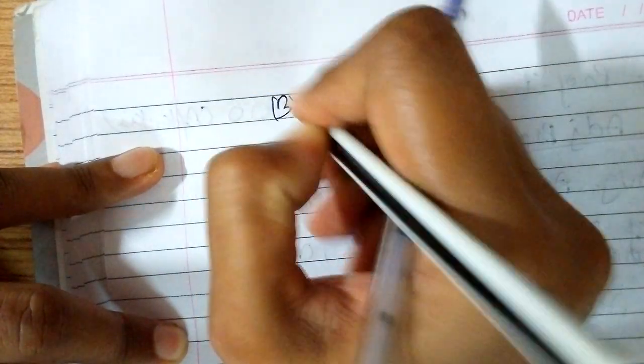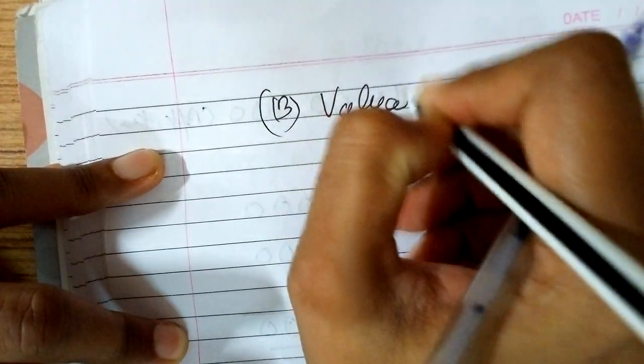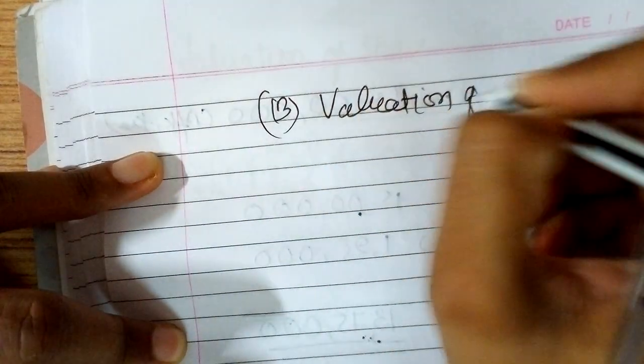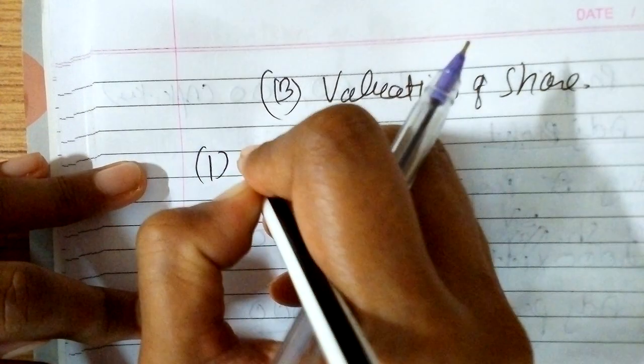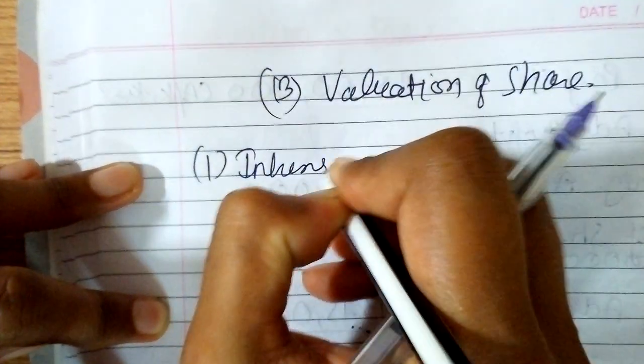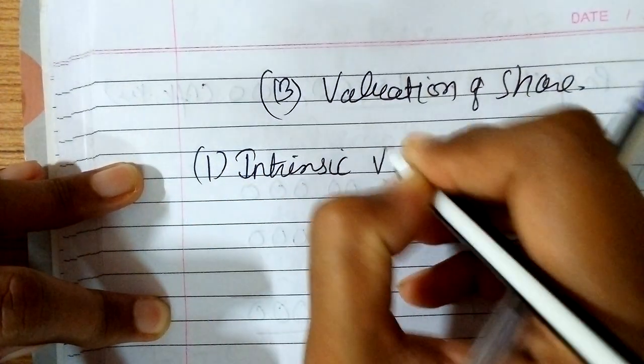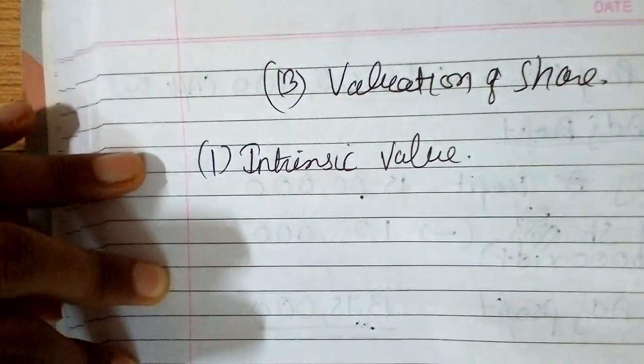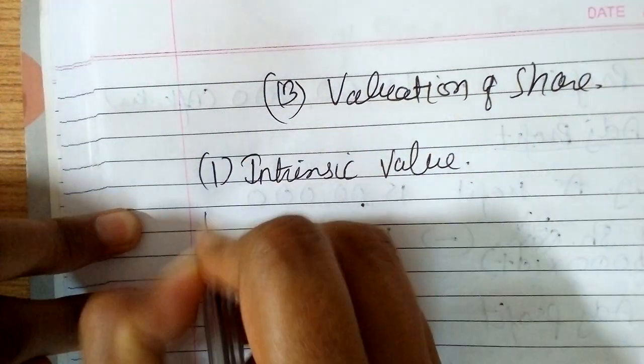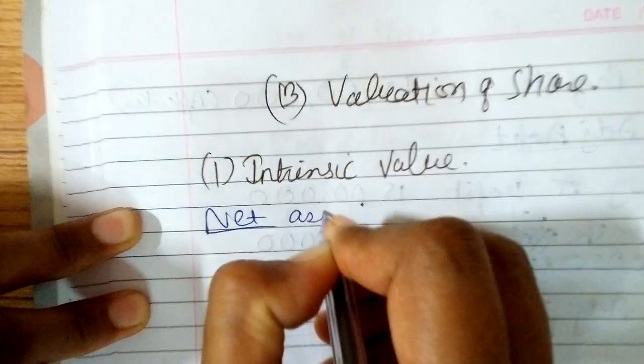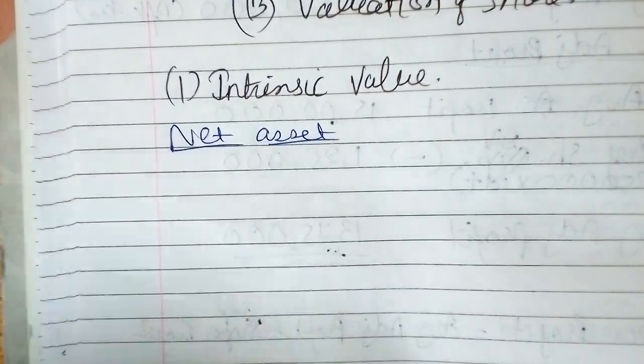Now point number B, finding out valuation of share. In that, the very first one, intrinsic value of share. So for that we need to have the amount of net asset, right?